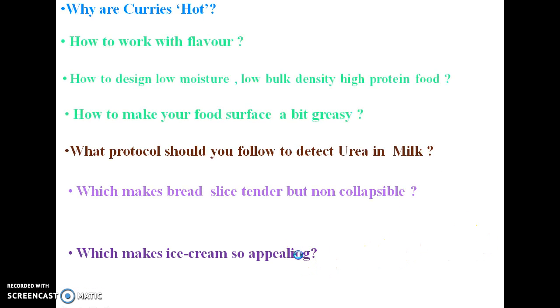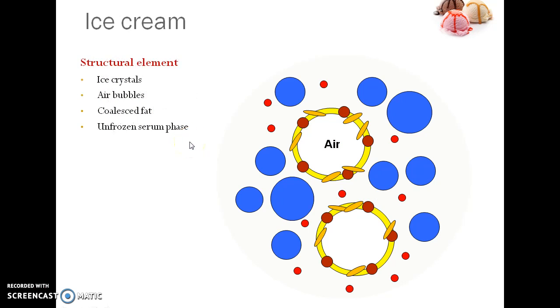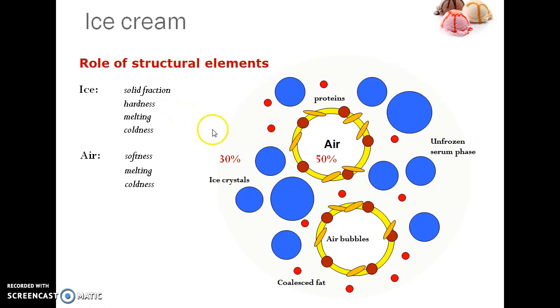Which makes ice cream so appealing? Ice cream has a solid state, an air state as well as a liquid state. So lots of water is there, sugar is there, proteins are there, fat is there. The structural elements are ice crystals, air bubbles, fat and the serum phase. So you know there is again the scope of chemistry to explain the coexistence of different phases and the stability of ice cream.